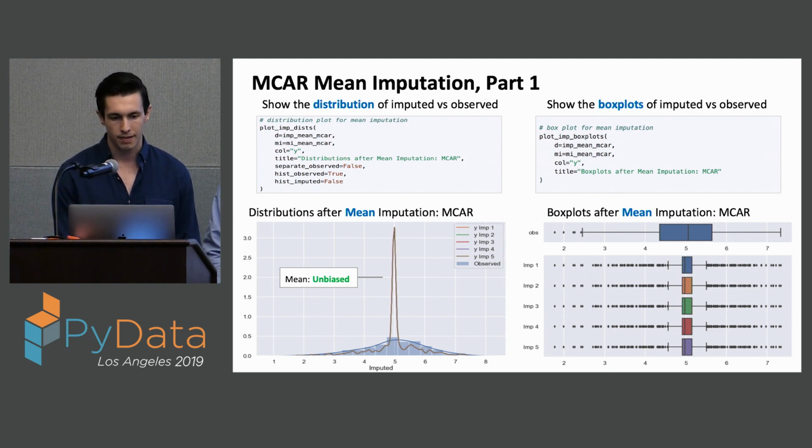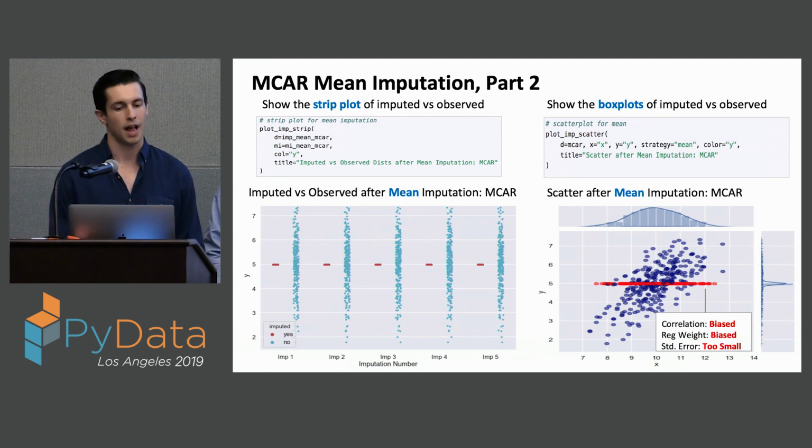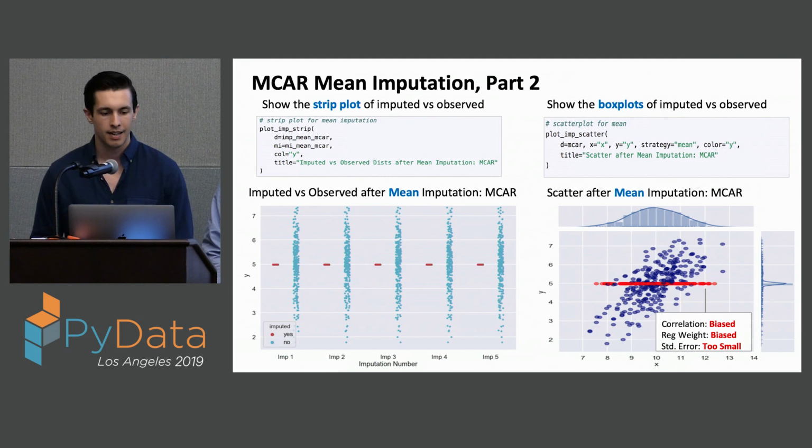The plot on the left helps us look at where the imputed values actually are. With mean imputation, in each round, the blue values are all of the observed, and the red values are the imputed. We can see imputing the mean doesn't really add much to the data set itself.